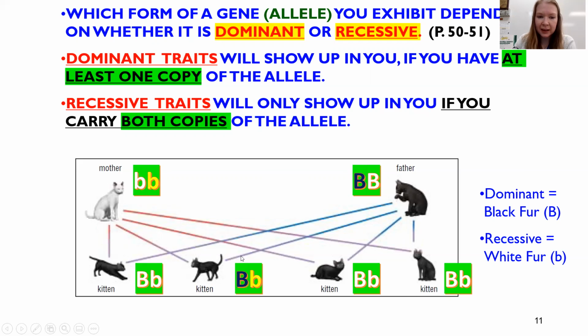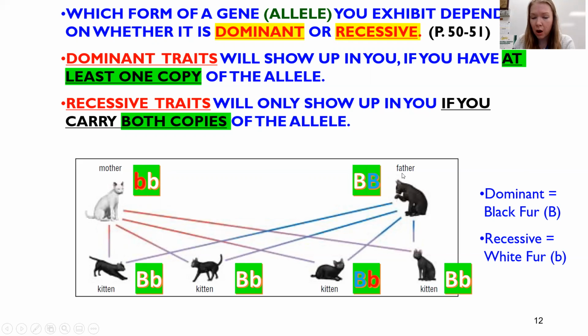So then we look at the second kitten. So the second option here, the father donated the dominant allele here, and the mother donated the second recessive allele. So this kitten is also heterozygous, has the dominant and recessive traits.